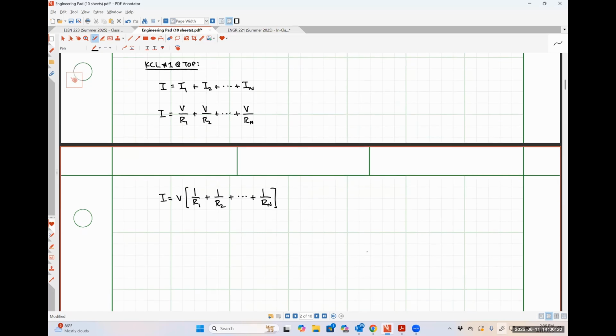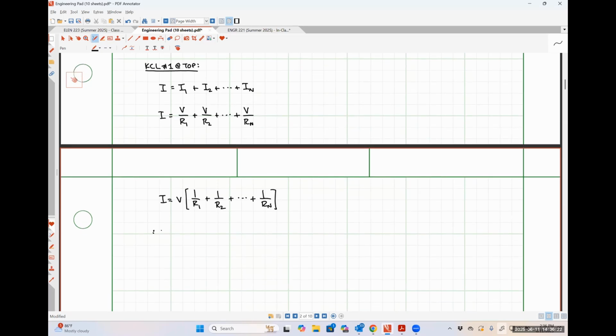Well, I'm going to define my equivalent resistance, REQ, as the ratio of the total voltage across my network divided by the total current flowing through my network. And that's going to look like 1 over R1 plus 1 over R2 all the way out to 1 over Rn. I take the sum of those reciprocals, and then I take the reciprocal of that as well.